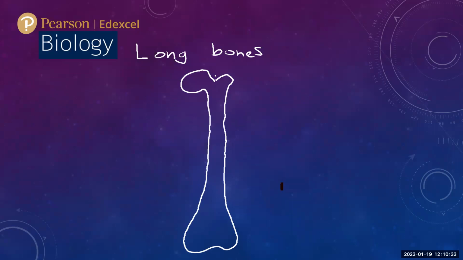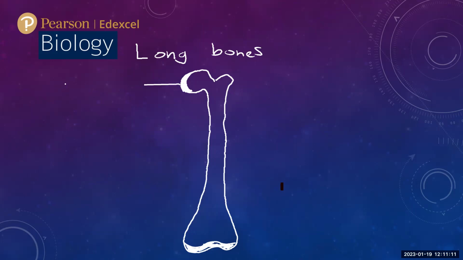and we can find another very important structure in the long bone, in this region, and maybe this region. We can find another important structure which doesn't look like bone. It's like a rubber-like thing.